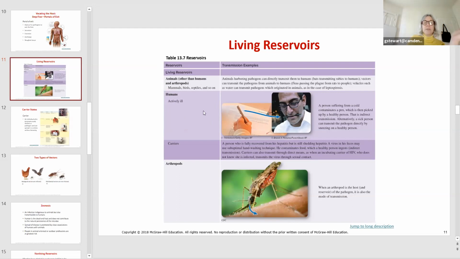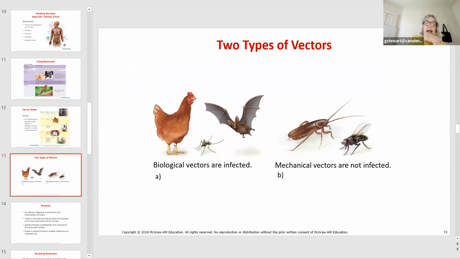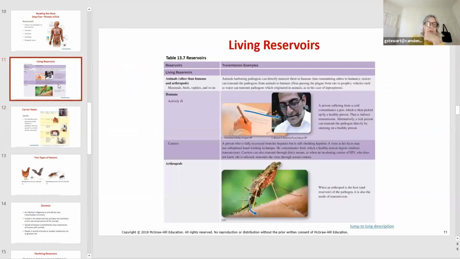We're going to talk about transmission, which is different, in a minute, right? We're talking about where the organism can persist. Inside people that are actively sick, inside people who might be recovered or maybe never felt sick, but are still shedding the virus. And then arthropods, which of course can transmit by biting you and then transmitting to another host.